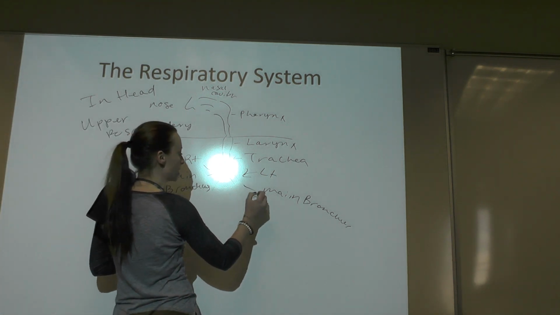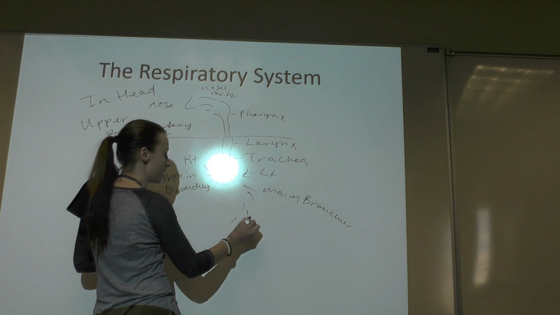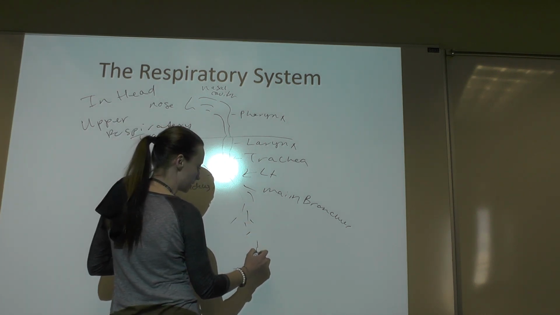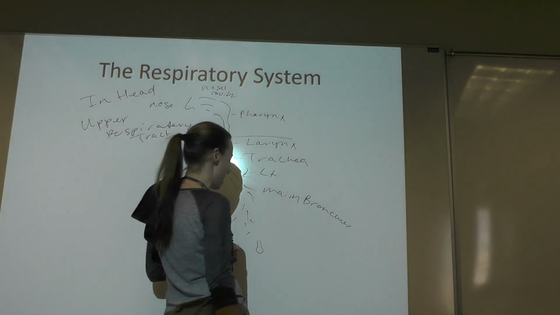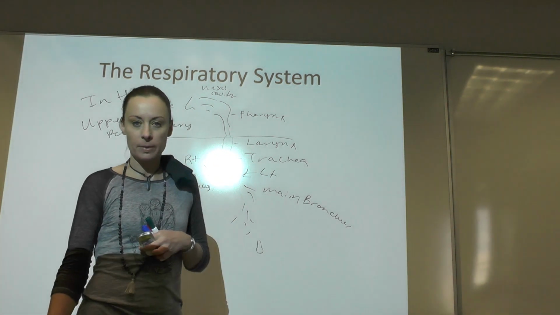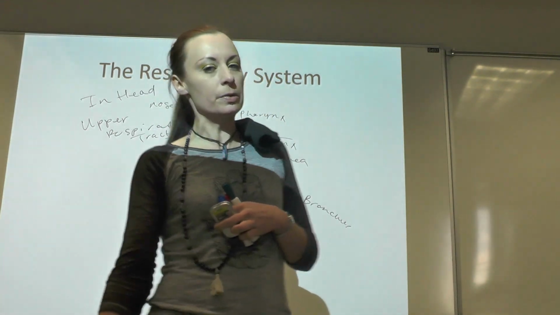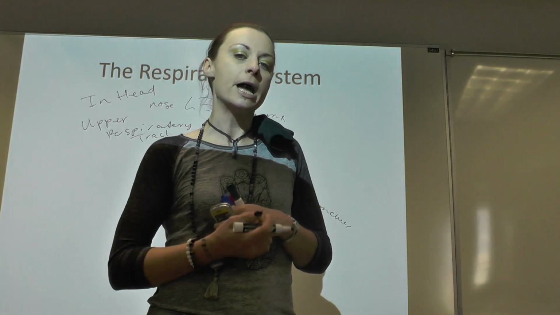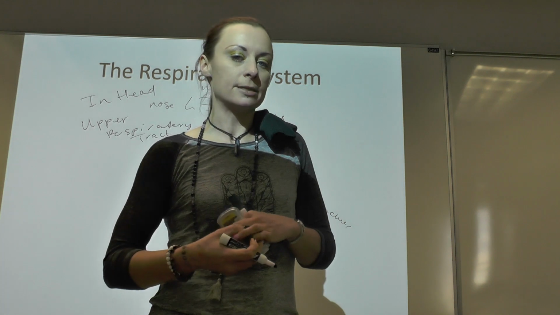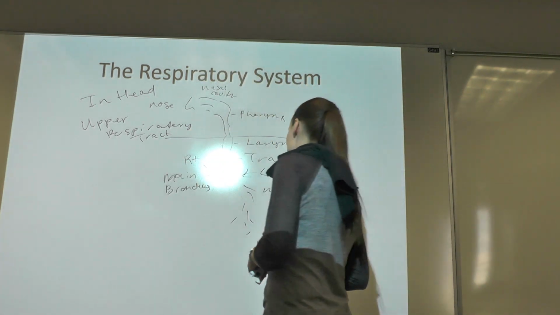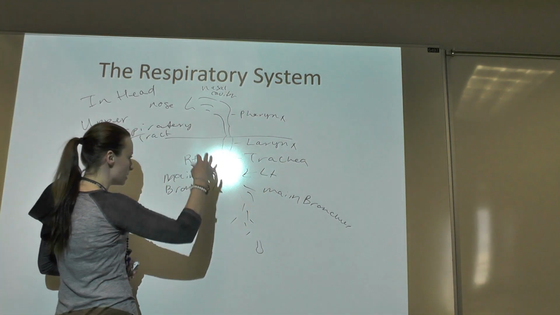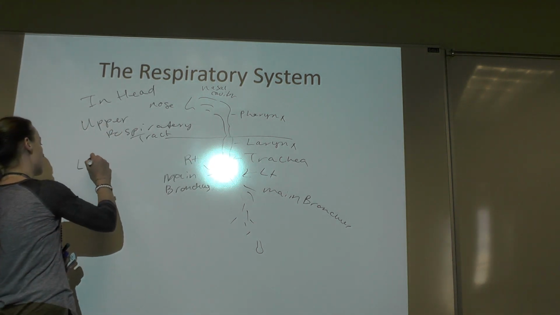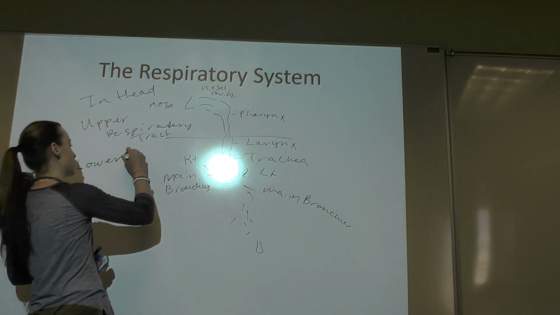From here, we're going to branch into what's called the bronchial tree, and that gets smaller and smaller and smaller until we get down to our teeny tiny little air sacs called alveoli. And if you remember, alveoli are made of simple squamous epithelial tissue, and that provides the thinnest possible barrier in the body across which our respiratory gases can quickly diffuse. So all of these structures from the larynx down are part of your lower respiratory system or your lower respiratory tract.